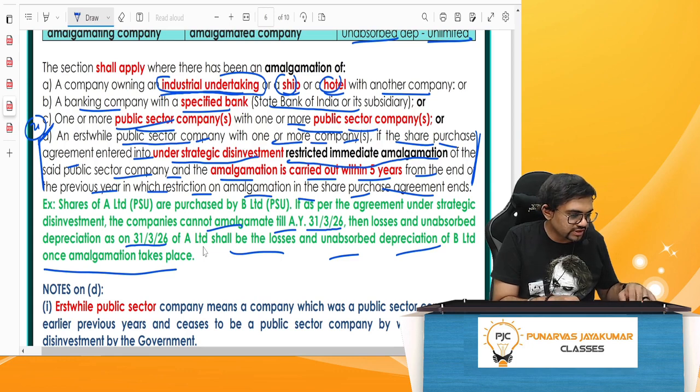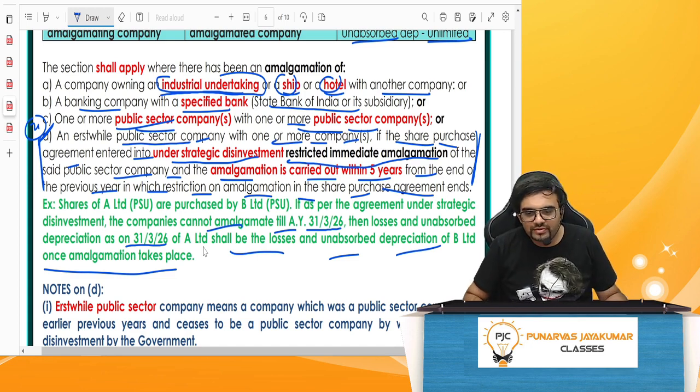There are certain conditions also, guys. Let us see those conditions. There should be a sale of a public sector company to a normal company.